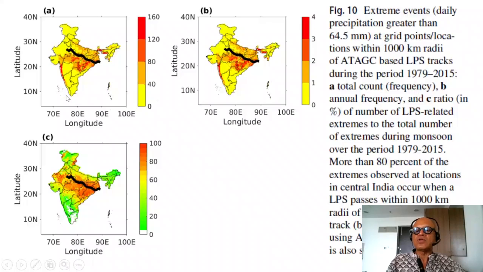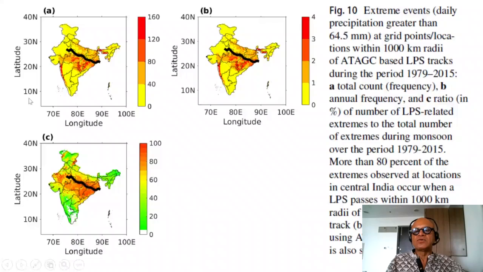So this is the total count, so the frequency of these extreme events. This is the annual frequency, and this is the ratio in percentage of the number of LPS-related extremes to the total number of extremes. So if the numbers are high, especially over the core monsoon zone, that means most of the extreme events defined by the 64.5 millimeter threshold occur within LPS days.